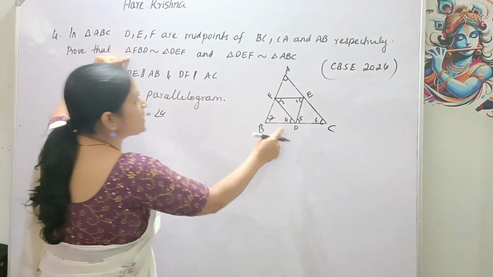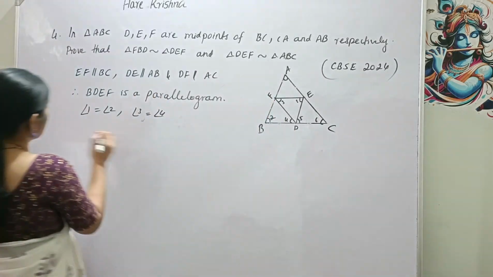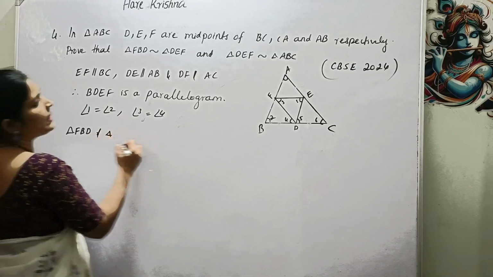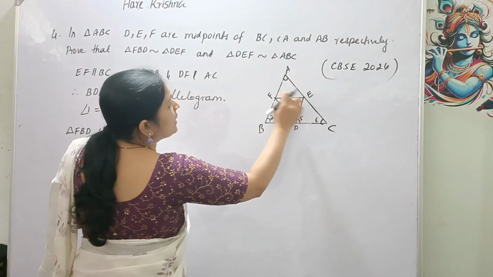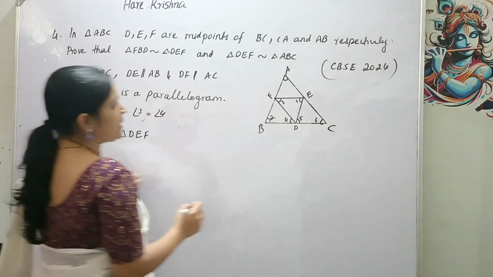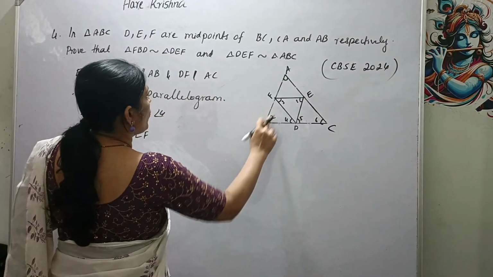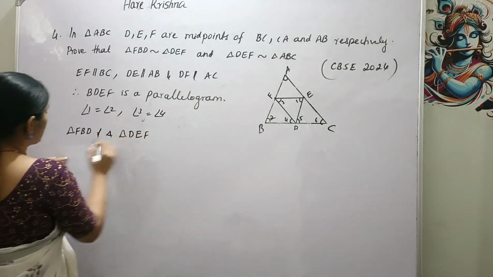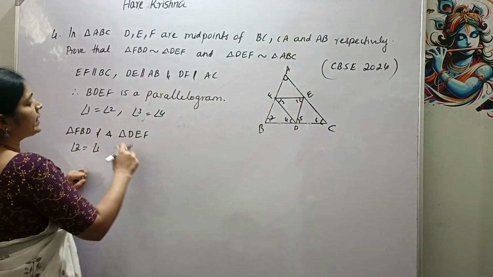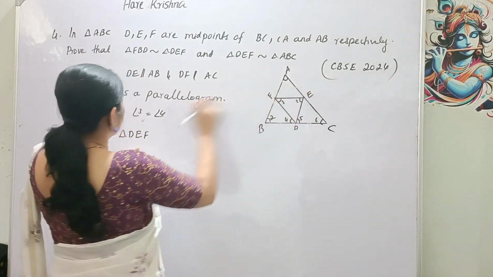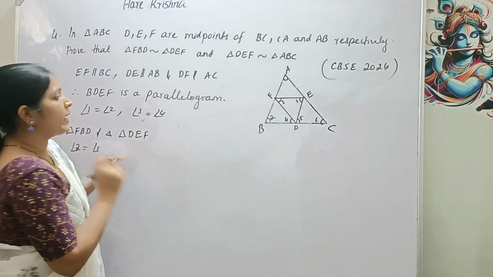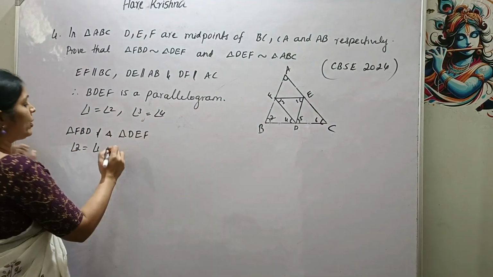Consider triangle FBD and triangle DEF. See here in FBD, what is the angle B? That is angle 2, which is equal to angle 1. Right? That is angle E in DEF. These angles are equal. And angle 3 is equal to angle 4.